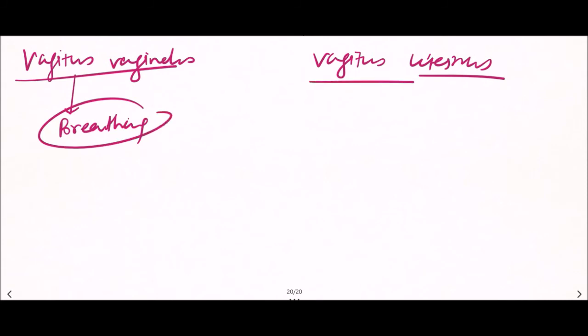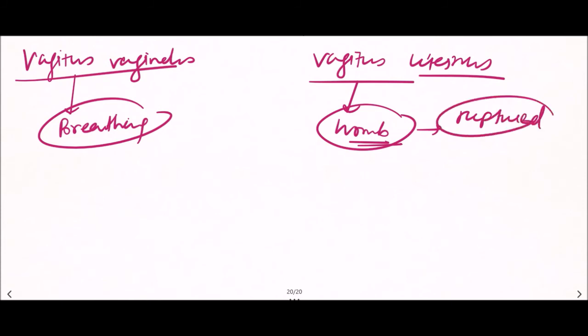And what do you mean by vagitus uterinus? In which the child may breathe while in womb after rupture of membrane. So breathing or crying of the child in the womb after the membranes are ruptured. So these are two terms, vagitus vaginalis and vagitus uterinus.